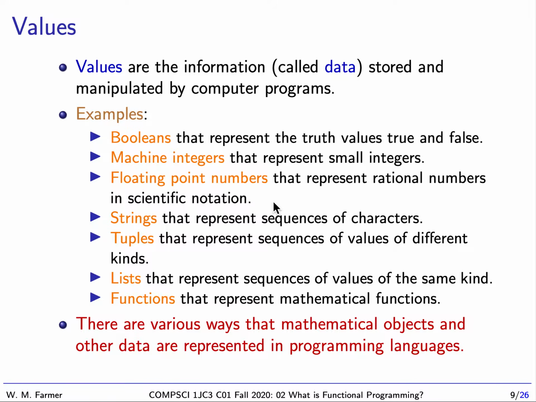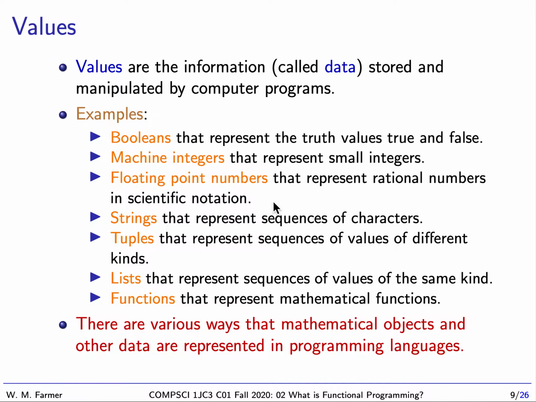We mentioned that computers store and manipulate information. This information can be broken down into what we could call data, but we're going to call pieces of this information values. And there are various kinds of values that computers manipulate and store. There are Booleans.